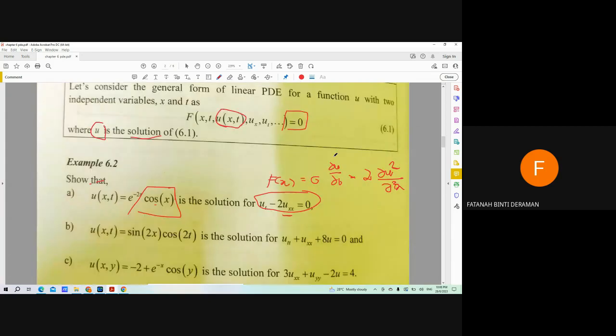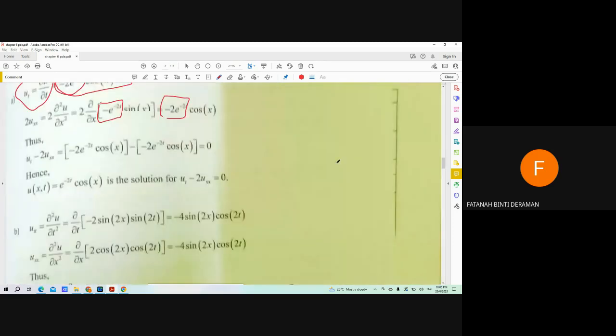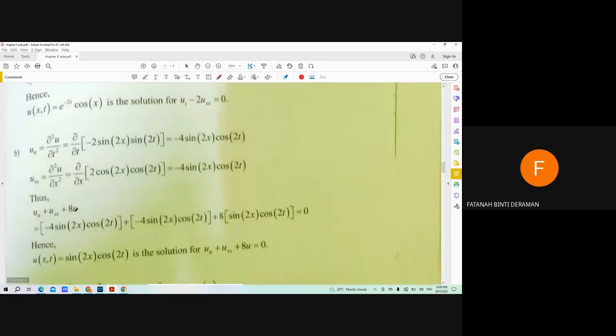The same thing happens here. So this is our function. If we need u_tt plus u_xx plus 8u, what should you do? You need to find everything in the equation, which is u_tt, meaning double differentiation.